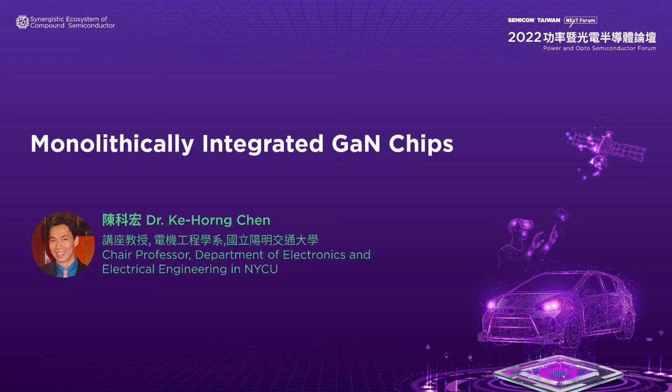He is currently a chair professor with the Department of Electrical Engineering in National陽明交通 University and chief technology officer in ITRI. And he is the author or co-author of more than 2,090 papers and holds more than 110 patents. So let us give a big hand to our speaker, Dr. Chen.